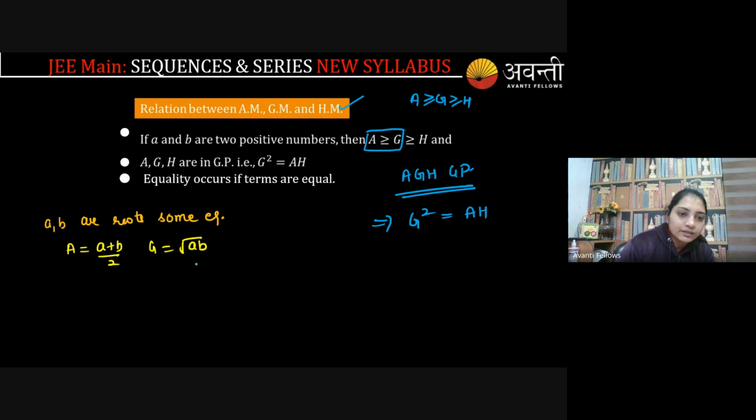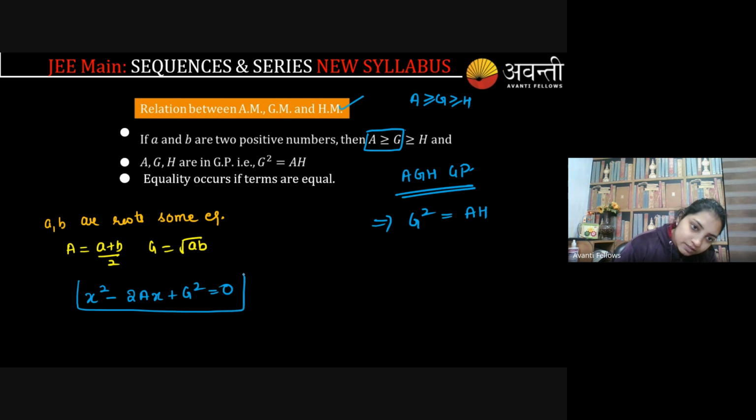If I want to write the quadratic equation in that, can I rewrite it as x square minus 2A x plus G square is equals to 0? Is this equation showing that A and B are roots of this equation? Yes or no? Any doubt?